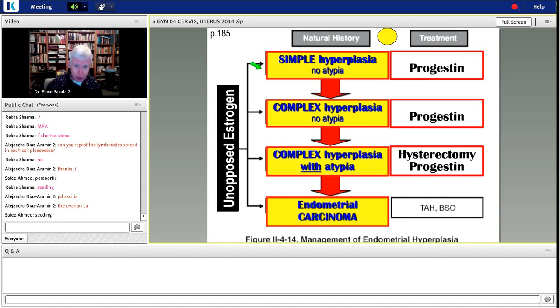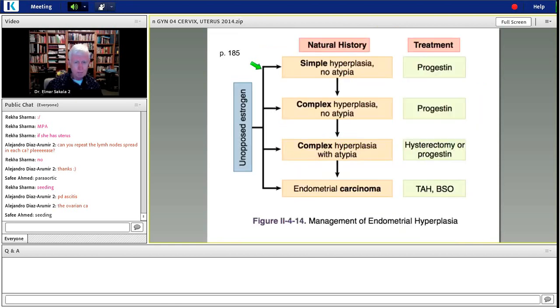It doesn't need to be an abdominal hysterectomy. But if she's not a surgical candidate because of heart disease or lung disease or whatever, then you may try progestin, but it's not nearly as effective. But all endometrial carcinoma needs to have a TAH and BSO. That is without exception. And this is in your book.